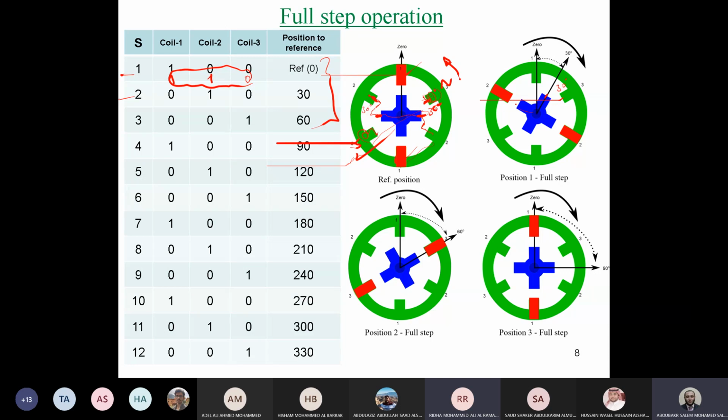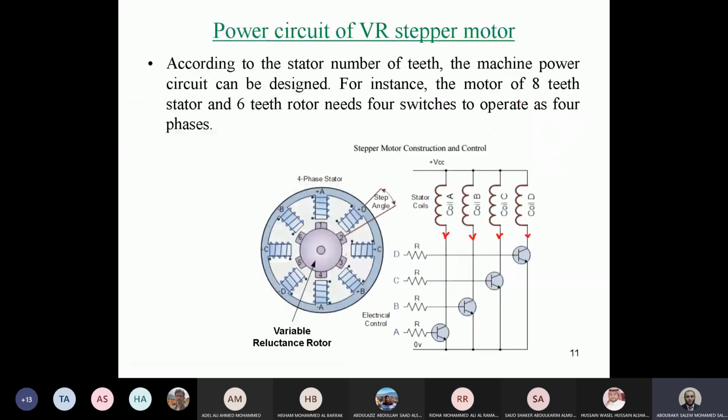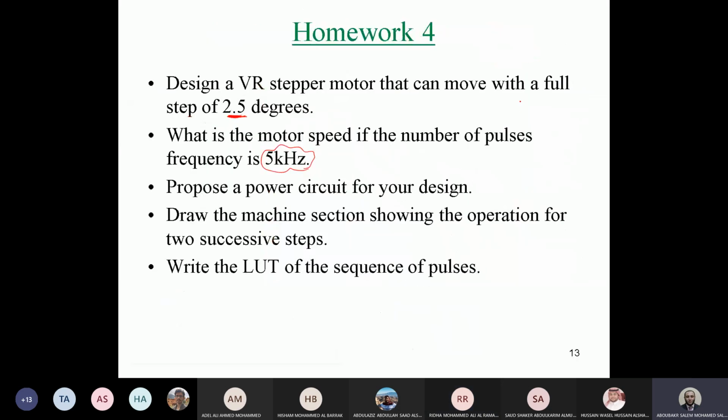Okay, you got it. So I need just to draw 2 steps, and not all of the steps, whatever the number of steps, 4 or more. Just 2. Okay, just to show how the motor will move. Is your design practical and working in the proper way or not? This is just what we need from the design.